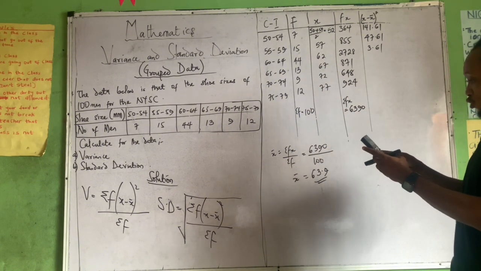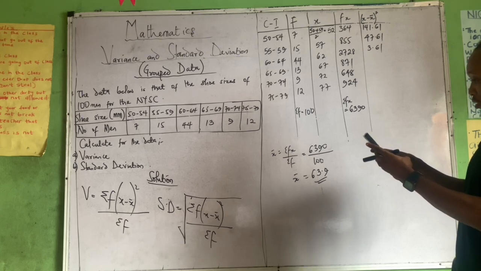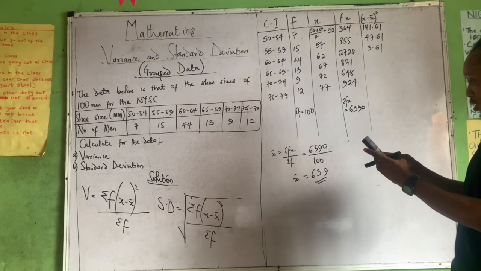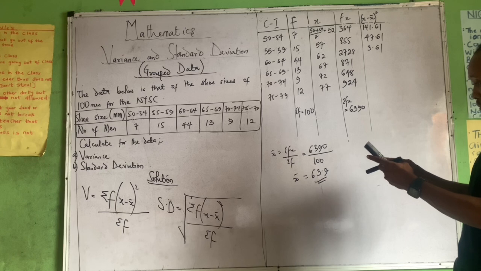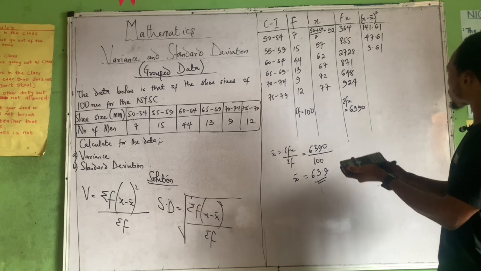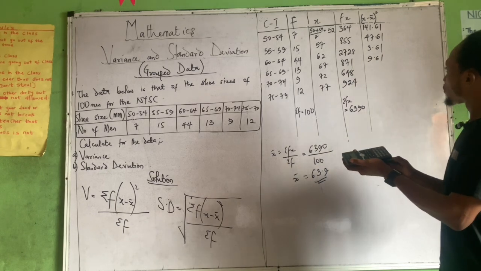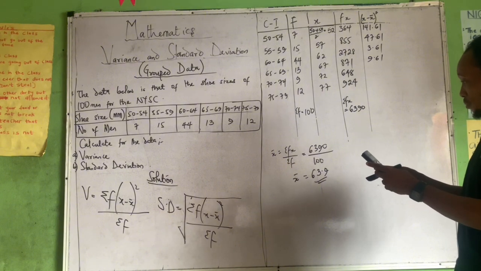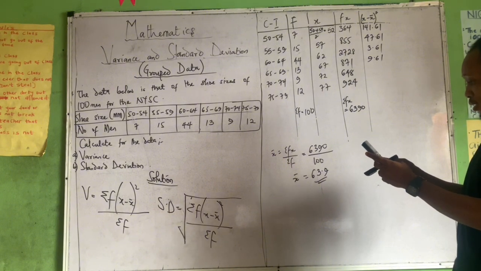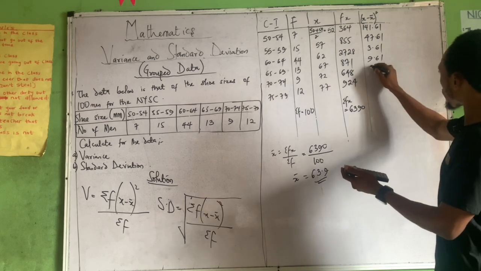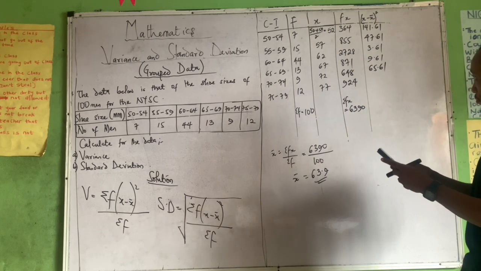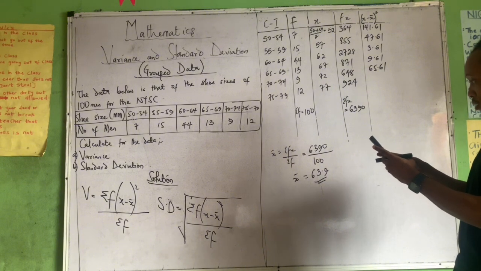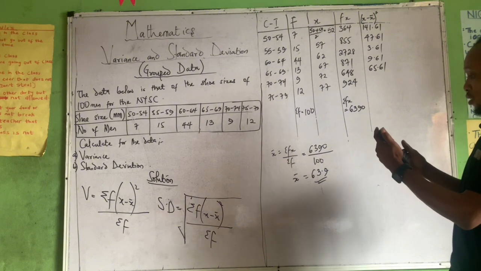Let me do it again. 62 minus 63.9 squared, that'll be 3.61. Okay, I squared it. 67 minus 63.9 squared, so 9.61. 72 minus 63.9 squared, that was 65.61. Now I'm squaring it because of this. 77 minus 63.9 squared, so 171.61.